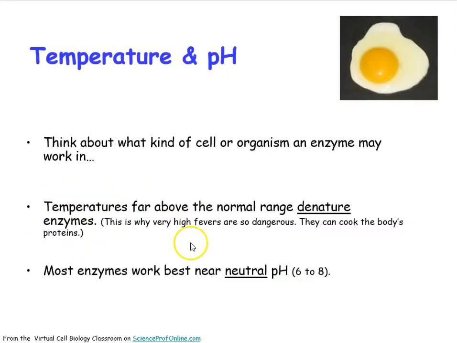We know that with temperature and pH, when you move them outside of a certain comfort zone, they're going to start to denature. If it's a little outside the comfort zone, it's going to be okay, but too much is going to cause a problem. That's why when you have a really high fever, it's dangerous, because your body really starts to cook proteins, and the one that we're worried about is your brain. That's why people that have a really high fever could get brain damage.